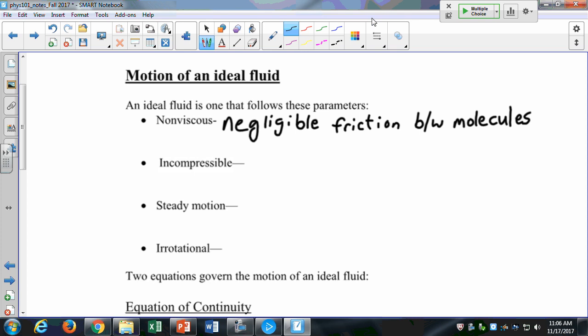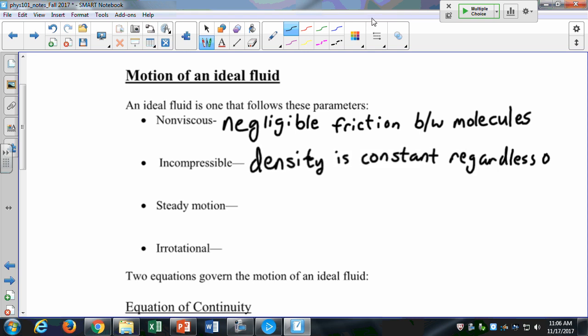Incompressible. That means that the density is constant regardless of pressure. All right, so all liquids are basically incompressible.